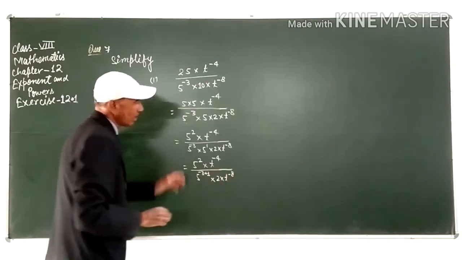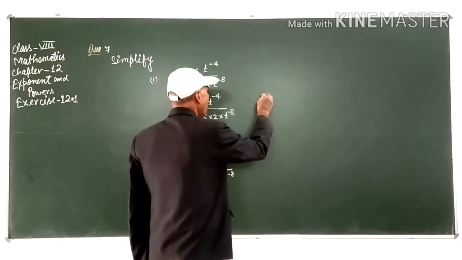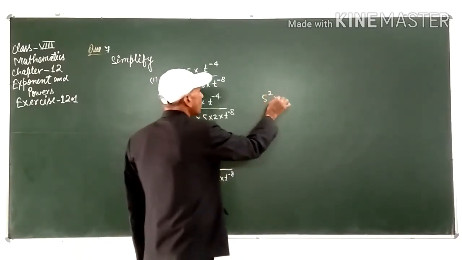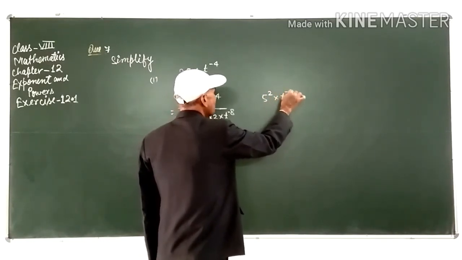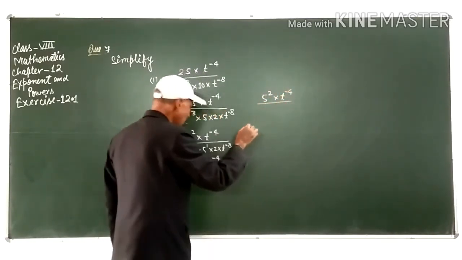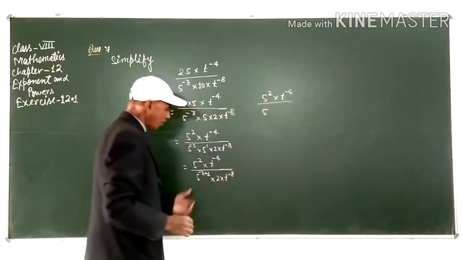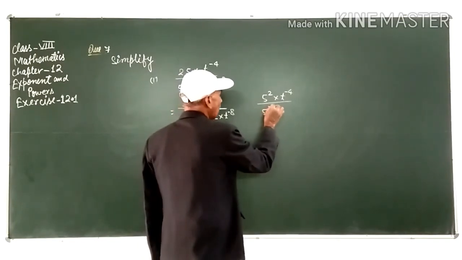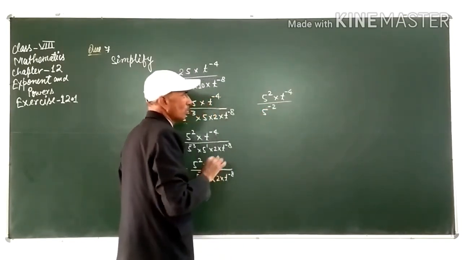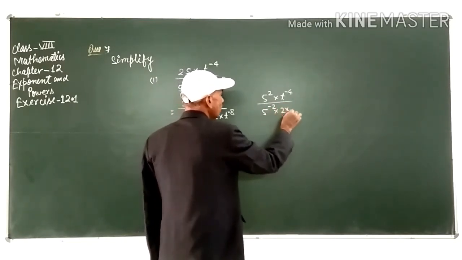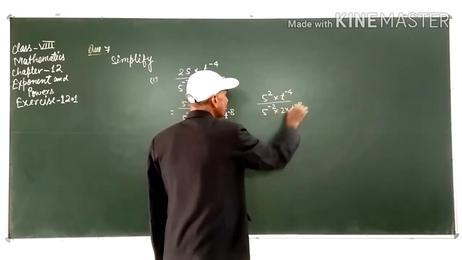Clear, friends? Now it will be 5 to the power 2 into t to the power minus 4 upon this one, 5 to the power minus 3 plus 1. It will be minus 2 into 2 into t to the power minus 8.